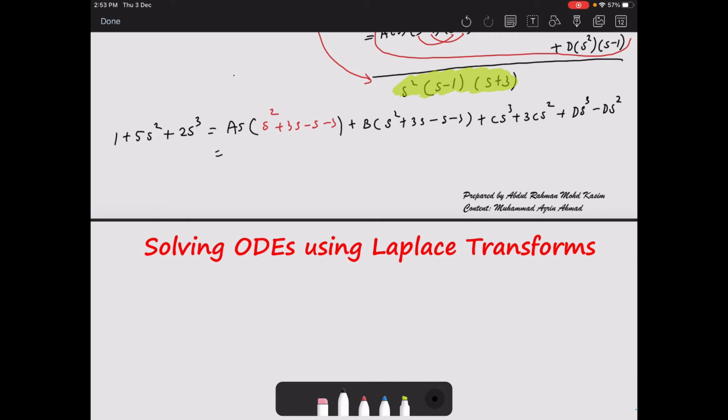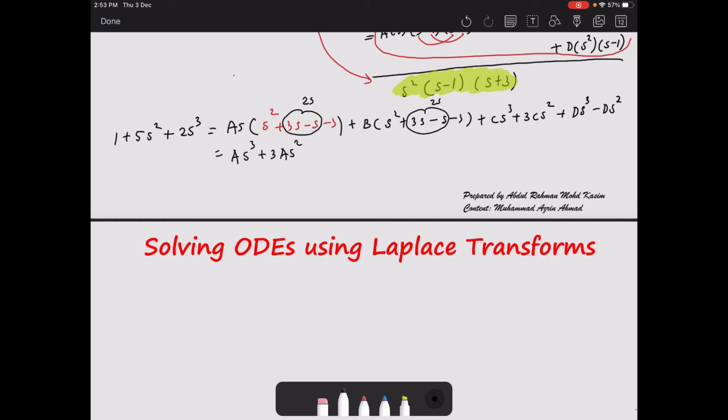So you will have A s cubed plus 3A s squared, and then for this one basically you may combine to become 2s. It's similar with this one, it's 2s.